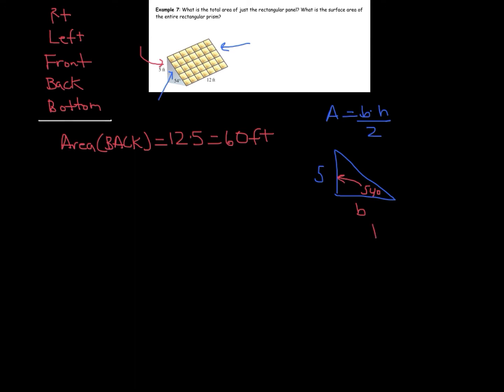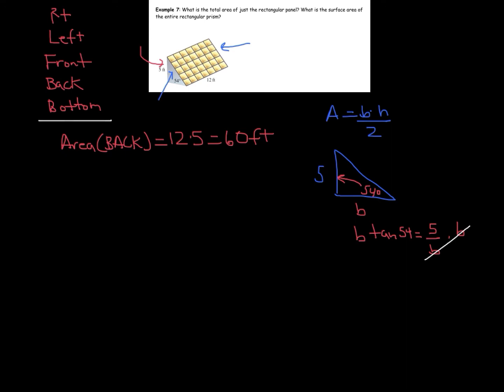So we're going to say tangent of 54 is equal to opposite, which is 5, over the adjacent, which is b. And notice this is the first example you've seen where the variable is on the bottom and the number is on the top. So we need to do 2 steps here. We need to multiply by b on both sides so that the b's cancel.